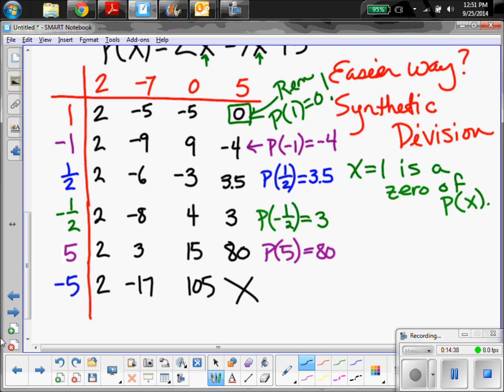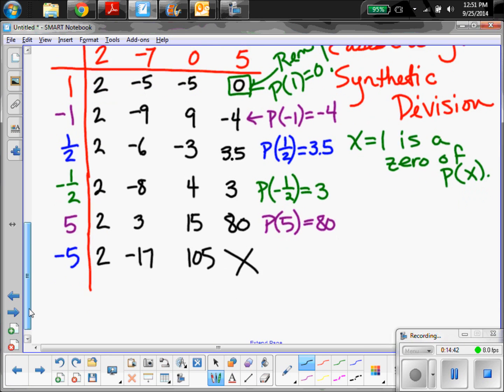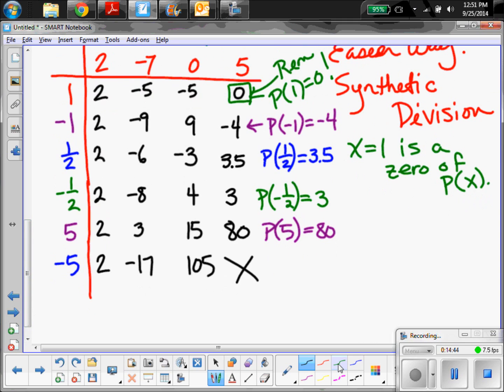So let's try 5/2. Positive 5/2 was in my list. Bring down my 2. 2 times 5/2 is 5. 5 plus negative 7 is negative 2. Negative 2 times 5 halves is negative 5.